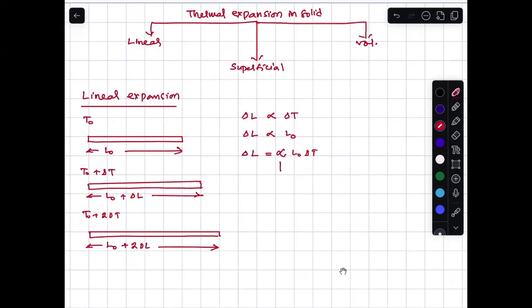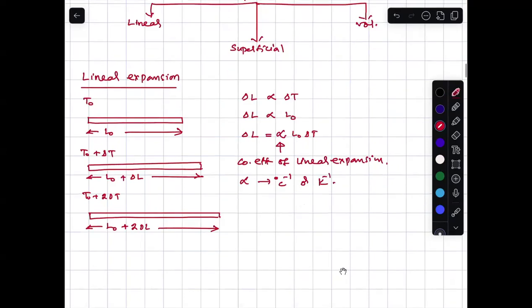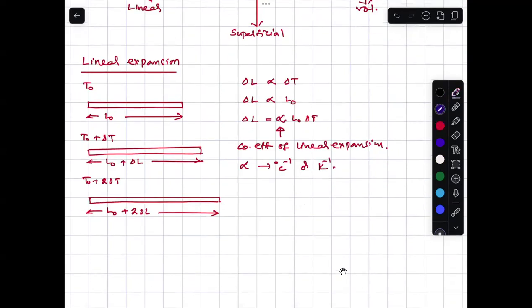This constant of proportionality, we will call the coefficient of linear expansion. Its units are degree centigrade inverse or Kelvin inverse. See, the coefficient of linear expansion depends on two things.